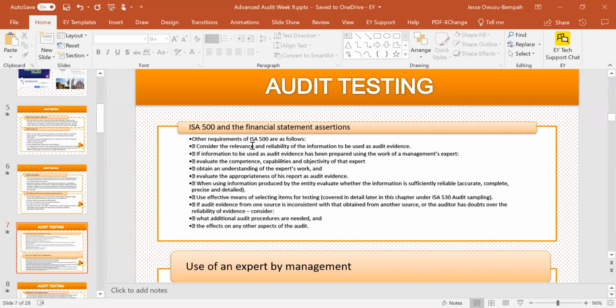Throughout his audit work, it's not everything that the auditor has expertise in. When it comes to accounting and auditing, the auditor has expertise. But let's say the auditor is auditing a real estate company, right? And then they stumble on a property that they need to perform some testing procedures on.